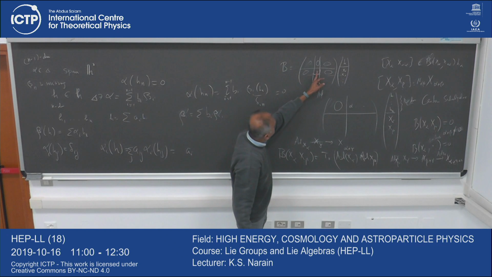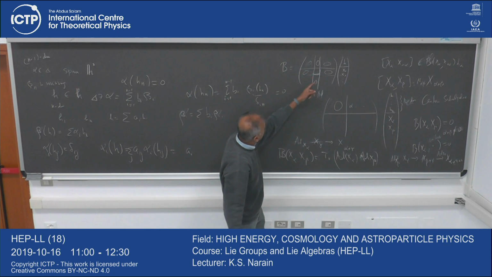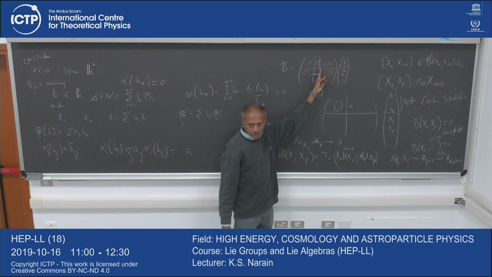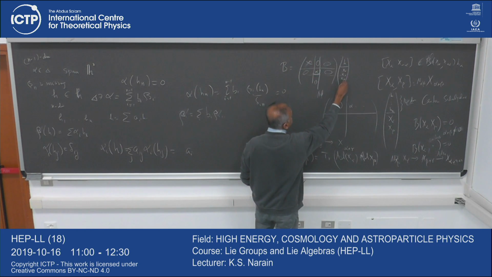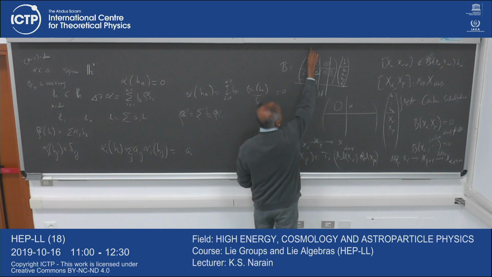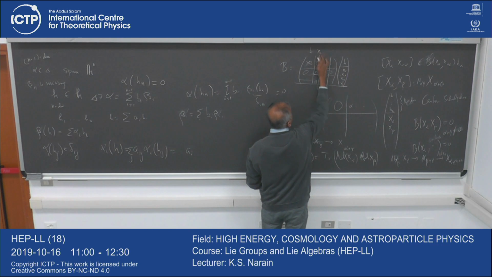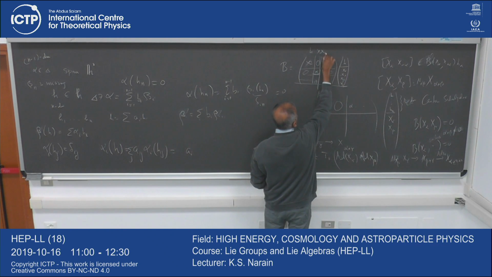The only way that the determinant of B will be non-zero is if this determinant is not 0. So this is the structure of B itself. Here is H, x alpha, x minus alpha, a 2 by 2 block. Then x beta, x minus beta, another 2 by 2 block, and so on.